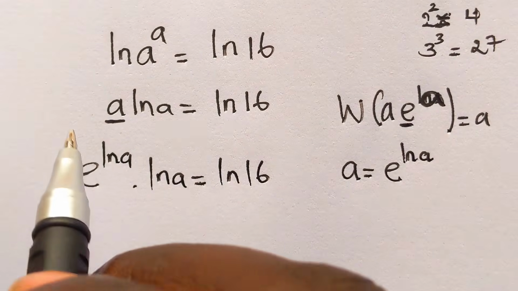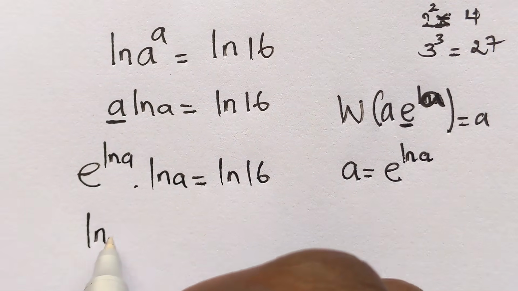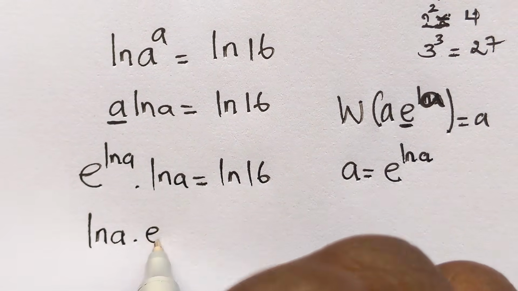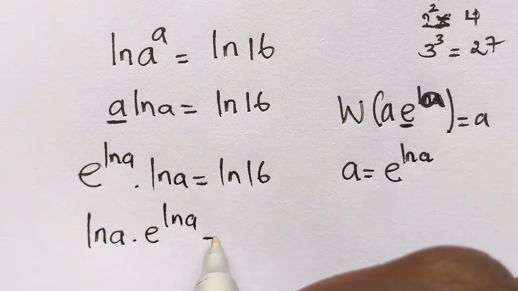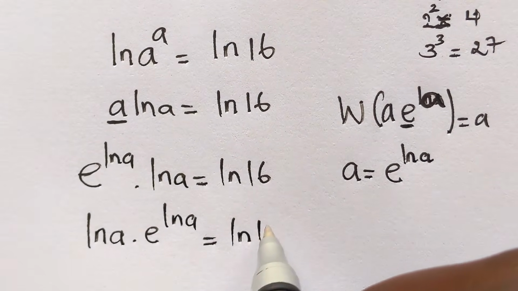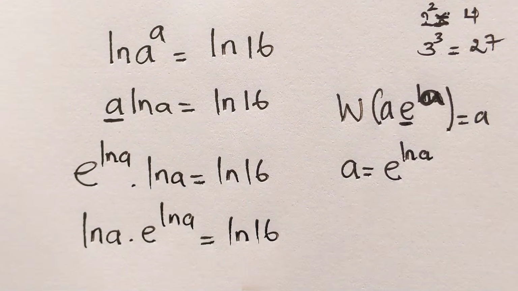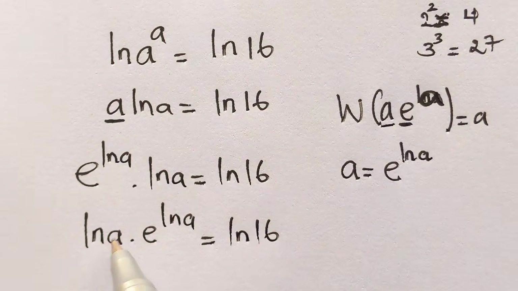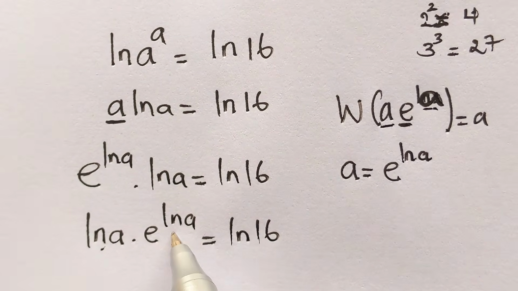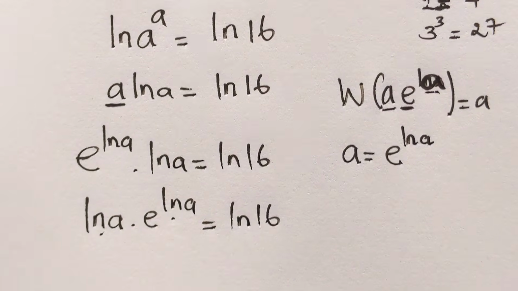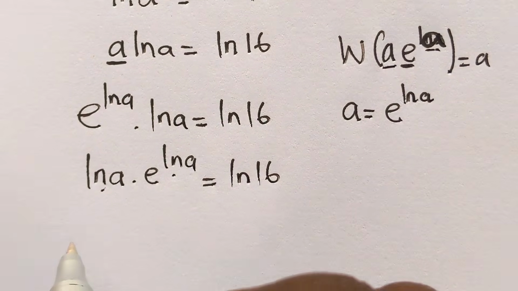By rearranging, we shall say ln a times e power ln a will be ln 16. At this moment, if you look at it this way, we have a, which is this one, and we have a, which is this one, right? We can apply the Omega function.